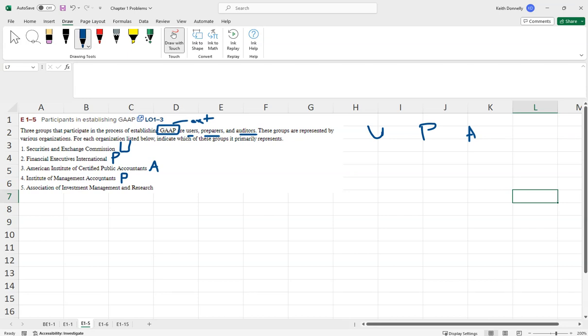So they wouldn't really be involved in GAAP. They'd be more involved with how do we produce internal standards. Then we have the Association of Investment Management Research. Well, they would be a user of it. They would look at these financial statements and give recommendations or conduct studies on it. So just a little bit of context there for you.